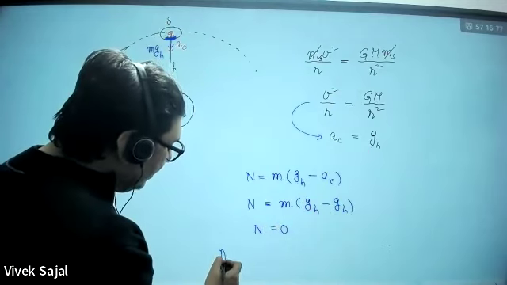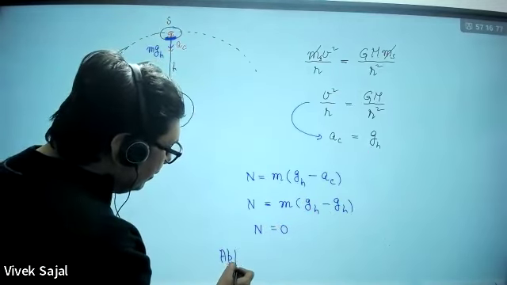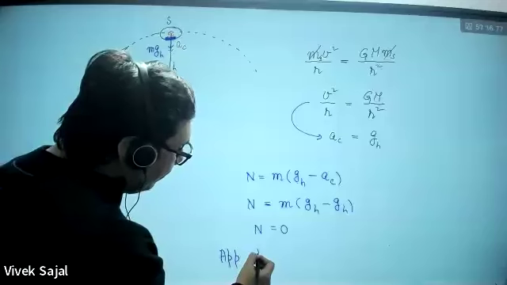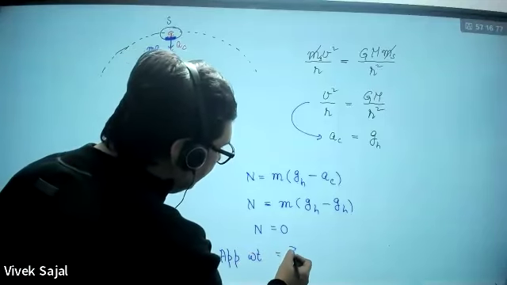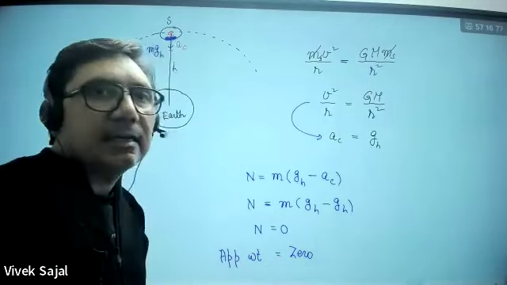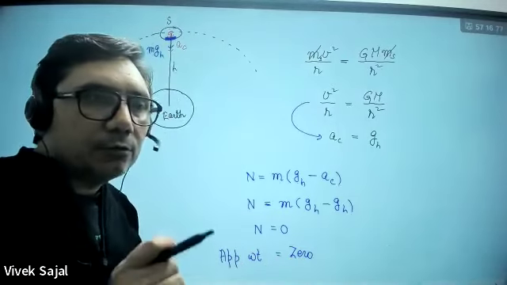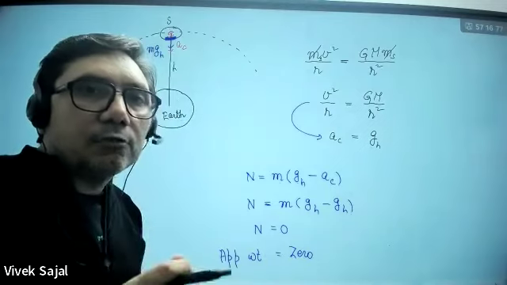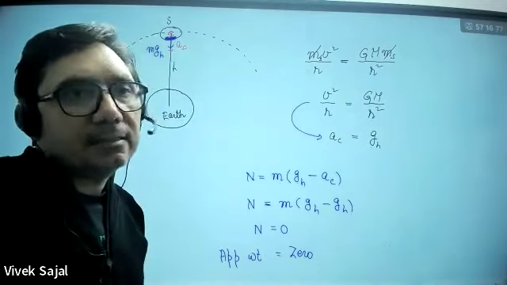So apparent weight in the satellite will be 0. That's why a person in the satellite is going to observe the condition of weightlessness.